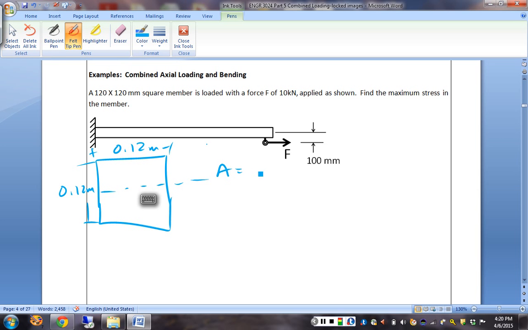Area 0.12 squared ends up being 0.0144. Rectangular moment of inertia, 1/12 b h cubed, and that ends up being 17.28 times 10 to the minus 6 meters to the fourth.